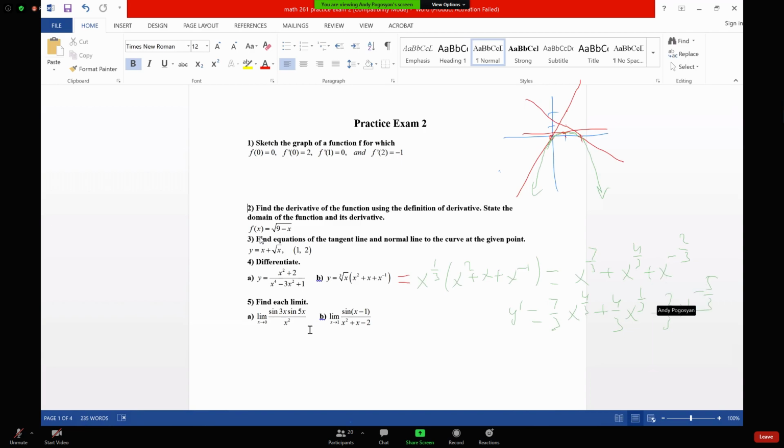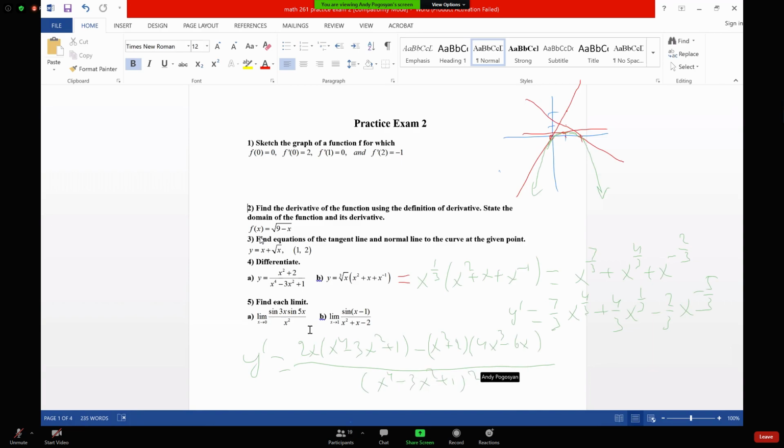But the first one is a little bit long. Y prime would be 2x times x to the 4 minus 3x squared plus 1, minus x squared plus 2 times the derivative of the denominator, which is 4x cubed minus 6x, divided by the denominator squared.